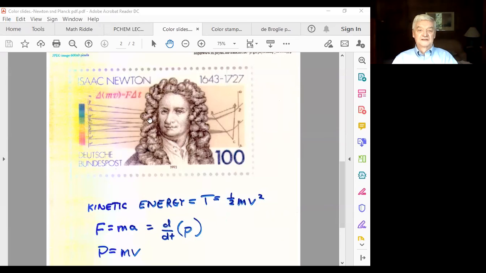If you look at the stamp honoring Newton at his 350th birthday, it says F delta T and delta MV instead of having the dt or dv that we're going to have in the equation. Anyway, from the story I read, both of these guys developed calculus.